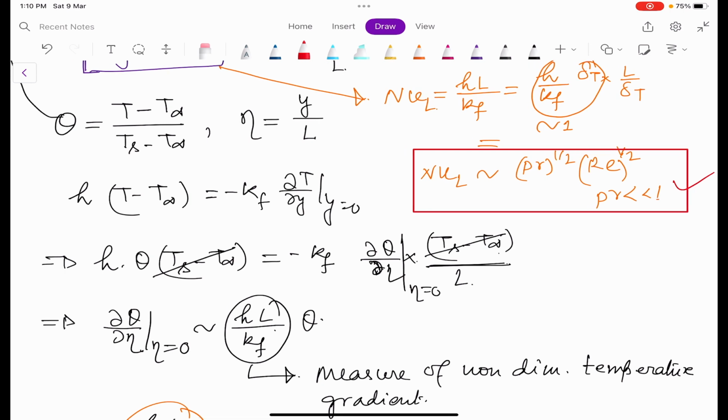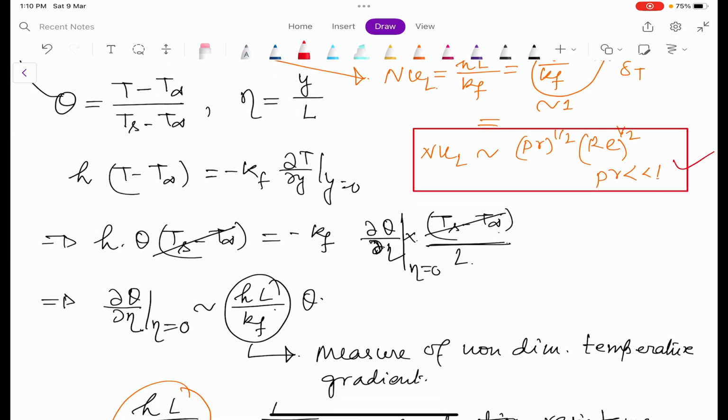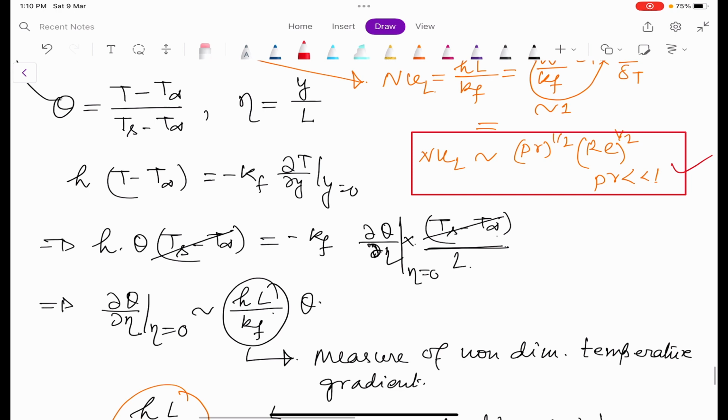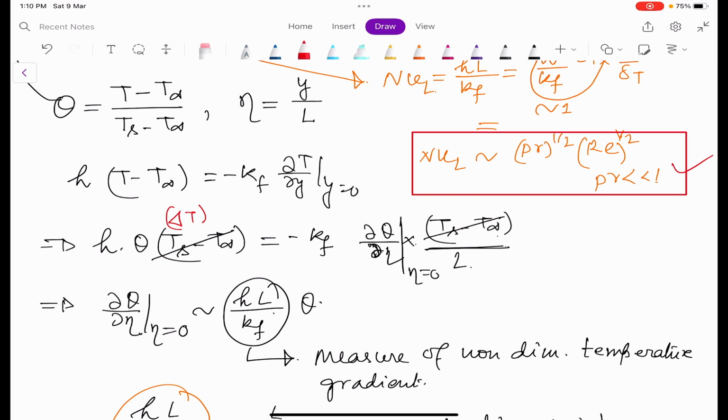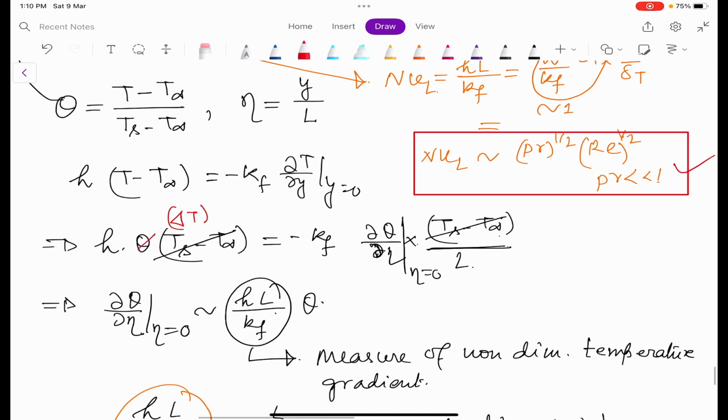And you can see it like this also, that you are non-dimensionalizing it like this. Here this delta T is actually scaling with Ts minus T infinity. So here there will be no theta.